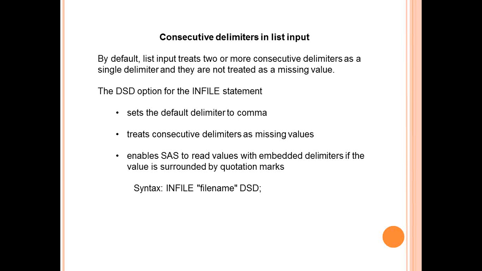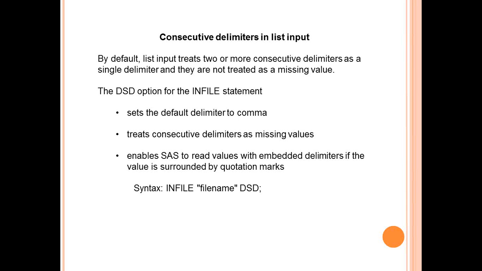By default, list input treats two or more consecutive delimiters as a single delimiter, and they are not treated as missing values. When you start working on SAS and come across such a situation, you will get to know what this is talking about: two or more consecutive delimiters are treated as a single delimiter, not as a missing value.